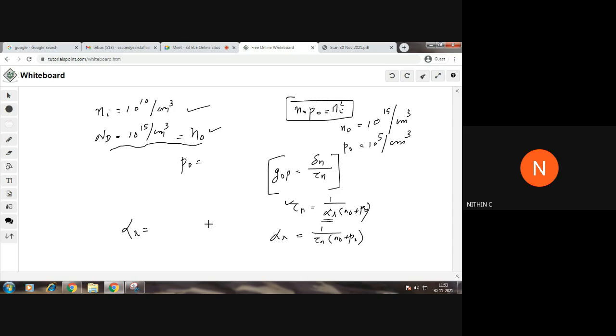Ten raised to minus 18 അല്ല, എത്രയാണ്? 9.99 you can take it as 10 itself.